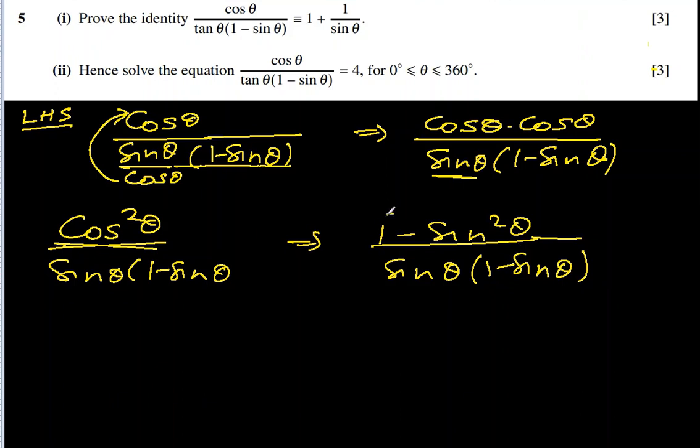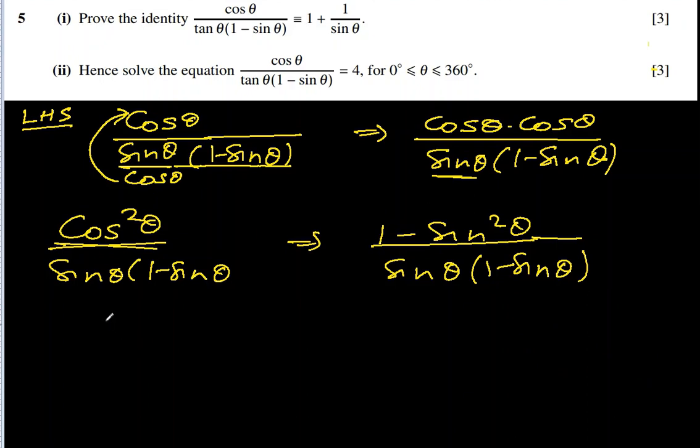So can I do this? 1 square minus sin square theta. Can I change it like this? Because 1 square is 1. And we have one more identity, which is a square minus b square equals a minus b multiplied by a plus b. So it is a perfect square minus a perfect square, just like this. So we can write our numerator in this format: square root of the first term minus square root of the second term, and then positive.